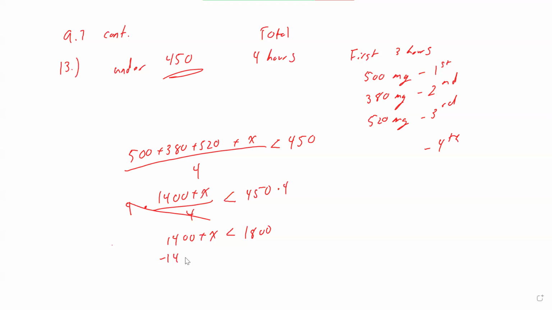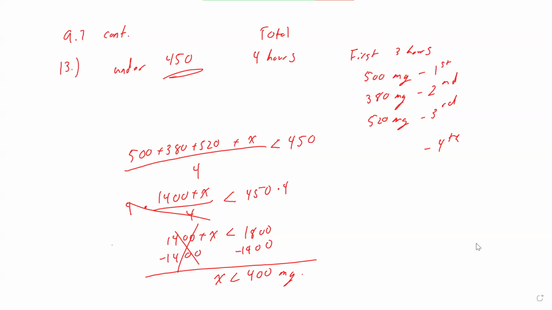I will then subtract 1400, and that gives me 400. So as long as I stay less than 400 milligrams, I will keep the average under 450. That's a type of problem that you'll see. It's just like 9.6, but instead of the equal sign, it's a less than sign.